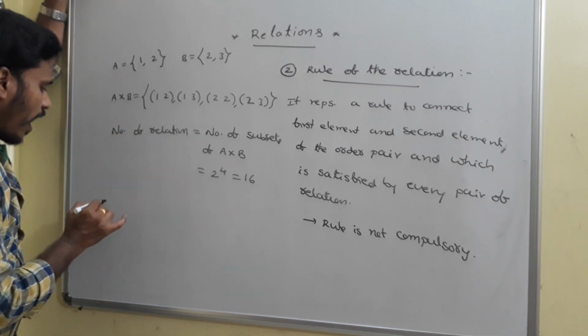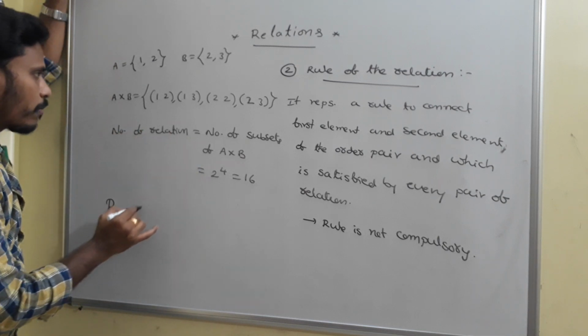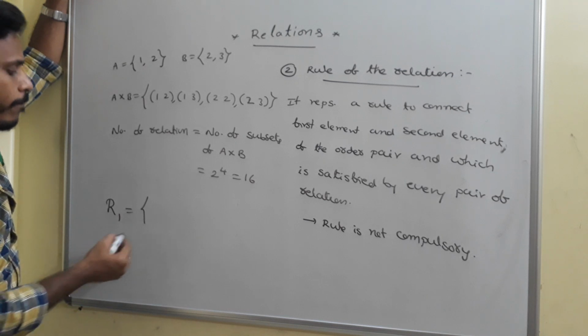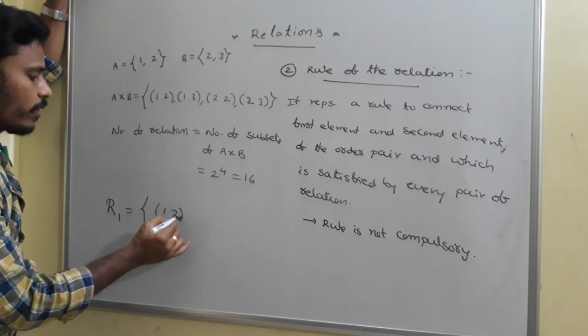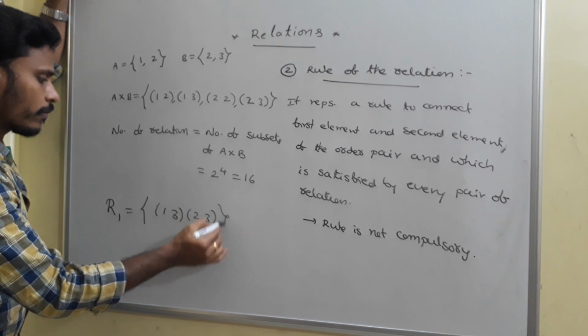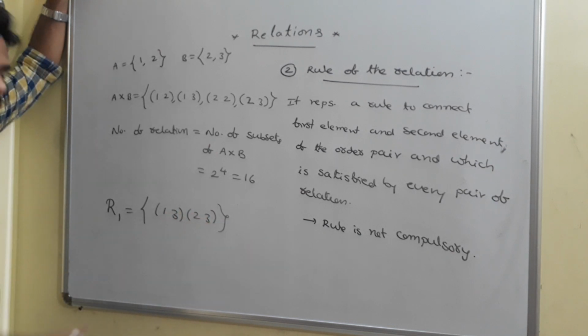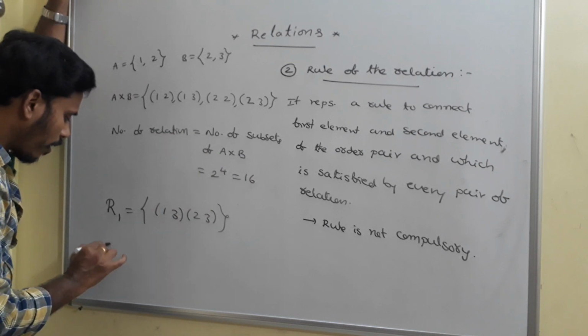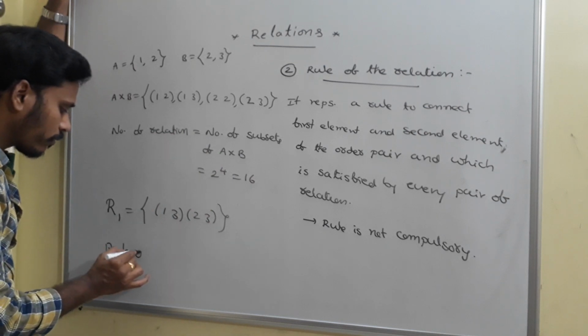I will take a relation, say R1. R1 is the set containing (1, 3) and (2, 3), which is clearly a subset of A cross B. Then what is the rule of R1?